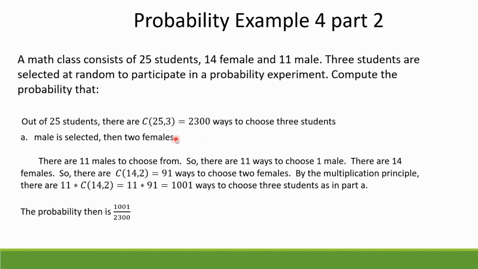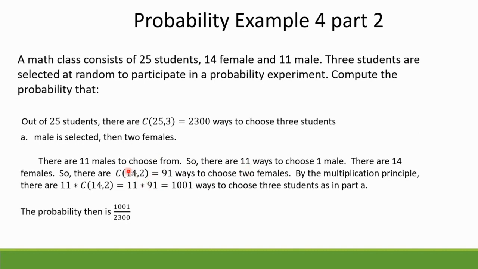Again, we don't care about the order and there's no repetition, so for the 2 females, that's what this would be, which of course is the same as this.